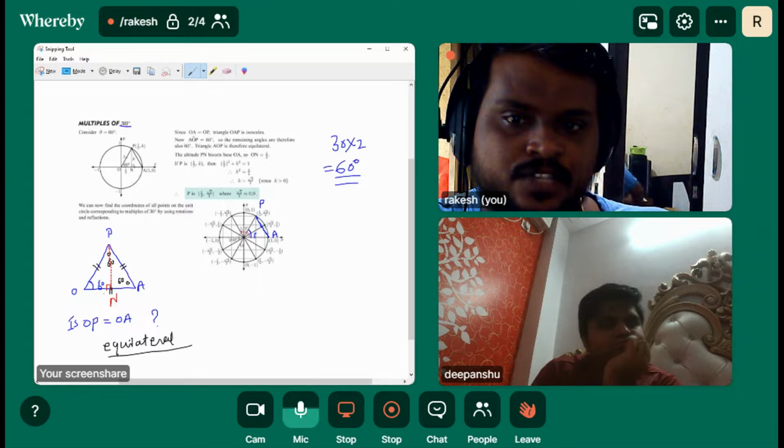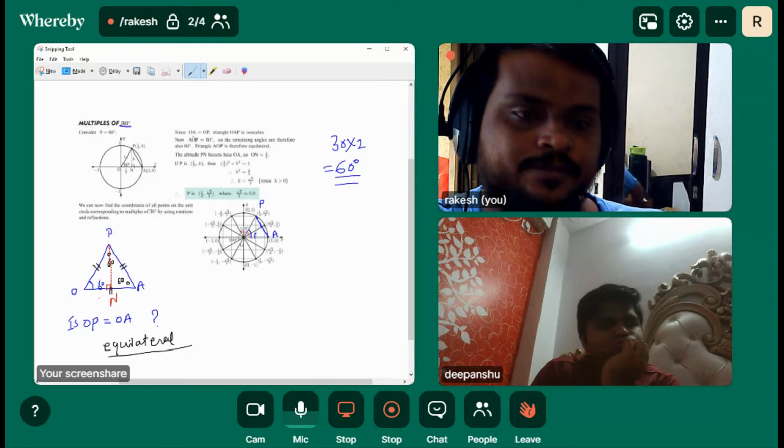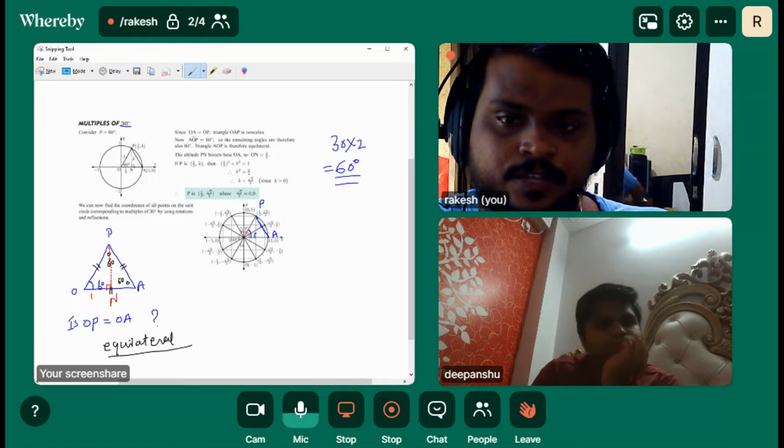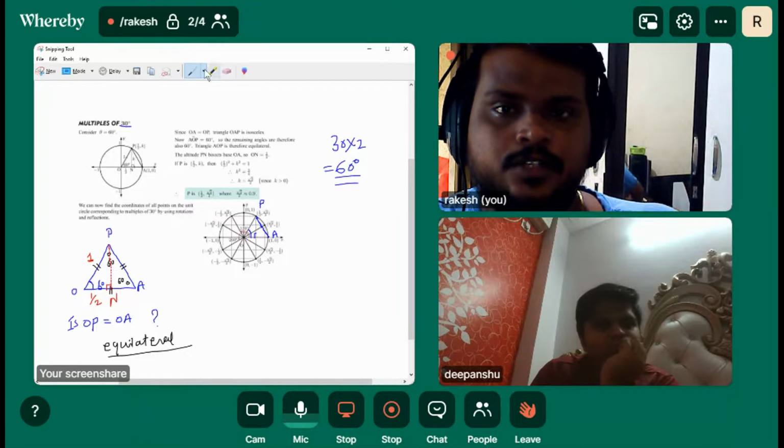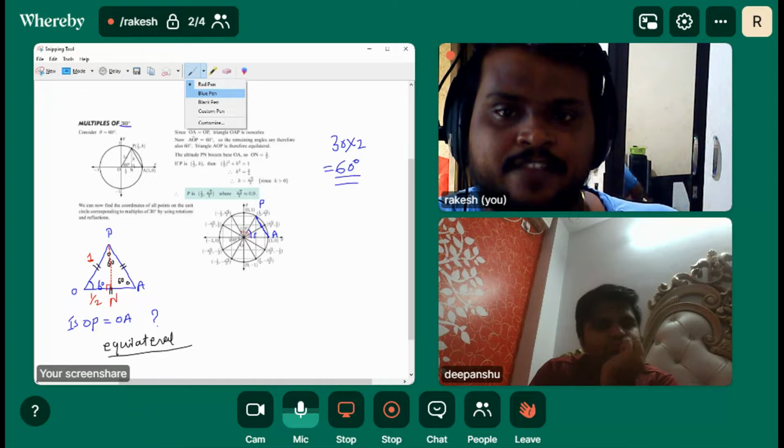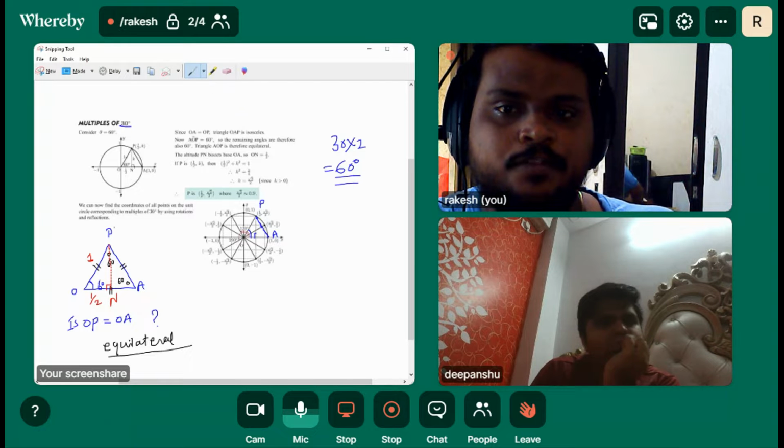So if OA is 1, what would be ON? 1 by 2. And what is OP? OP is already 1. Now can we apply the Pythagoras theorem to find PN? Why are we finding PN here?